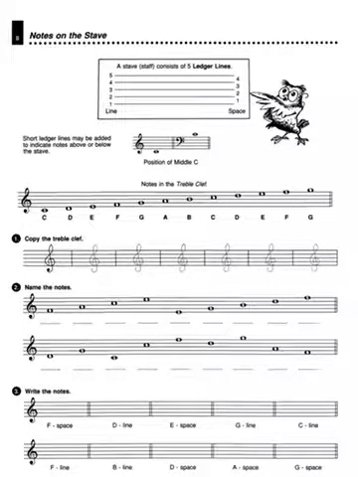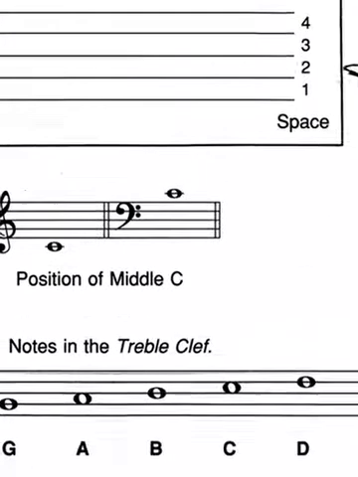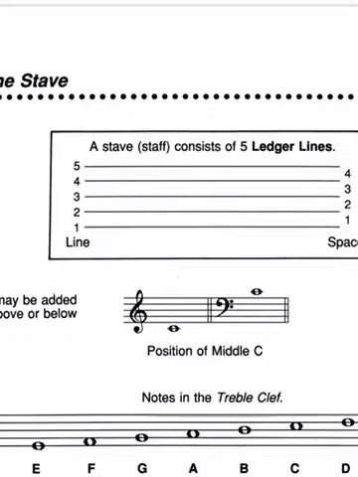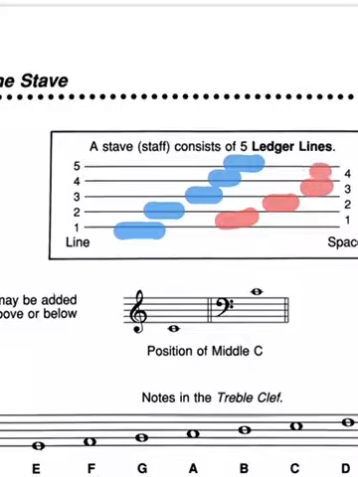And how do we actually notate that on the staff? Well, we start with this, where we basically have 5 lines. Okay, so do you see that? We have here 1, 2, 3, 4, 5. Okay, so that's 5 lines, and then we have 4 spaces. 1, 2, 3, 4.